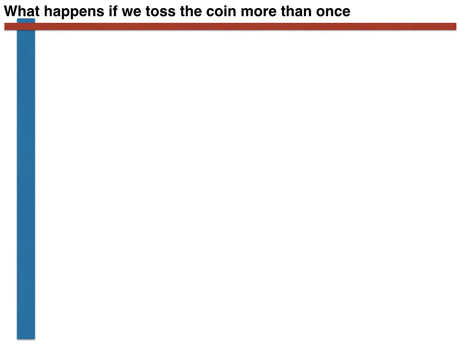A useful way to illustrate this process of generating multiple Bernoulli random variables is to consider a tree diagram. The simplest tree diagram, the tree diagram for the tossing of a coin, is shown on the slide here. There are two branches to the tree, one corresponding to the event of getting tails, and one corresponding to the event of getting heads.